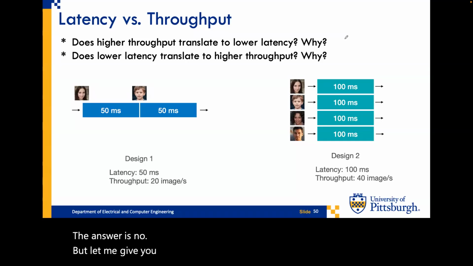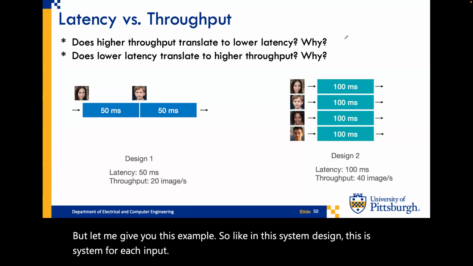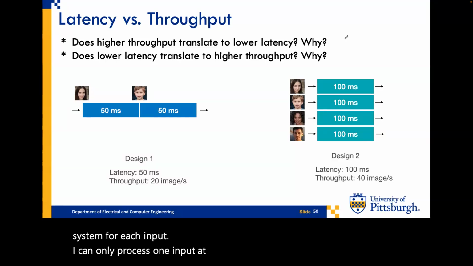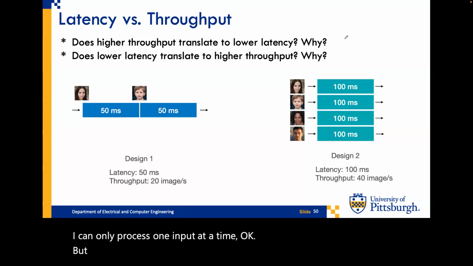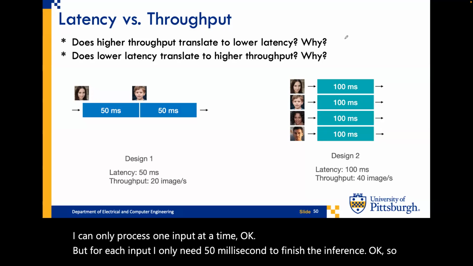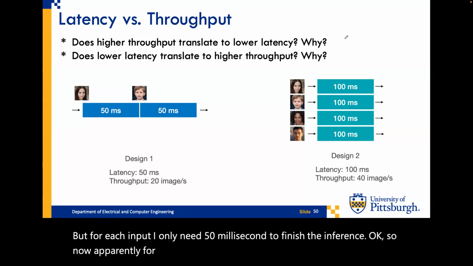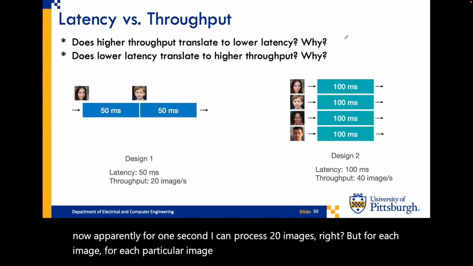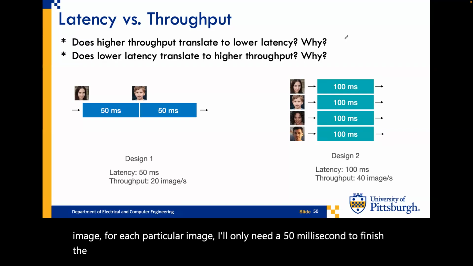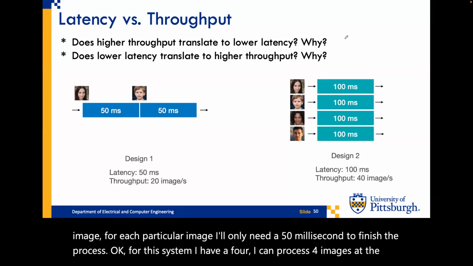In this system design, for each input, I can only process one input at a time, but for each input I only need 50 milliseconds to finish the inference. So apparently, in 1 second, I can process 20 images. For each particular image, I only need 50 milliseconds. For this other system, I can process 4 images at the same time, so the throughput is higher.